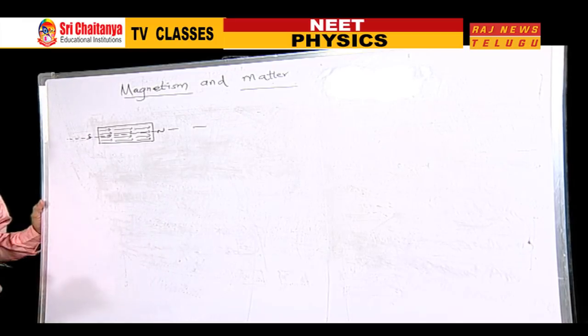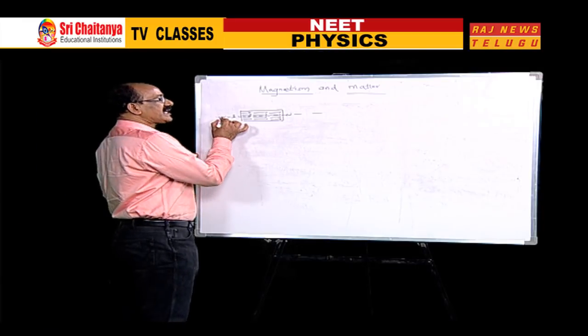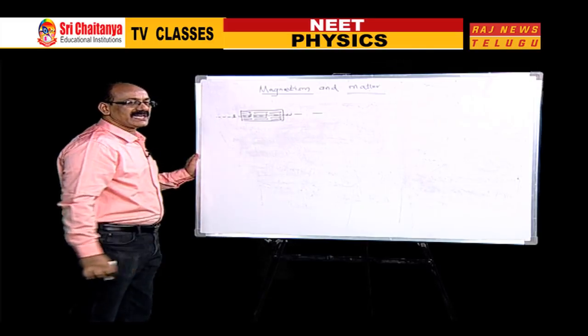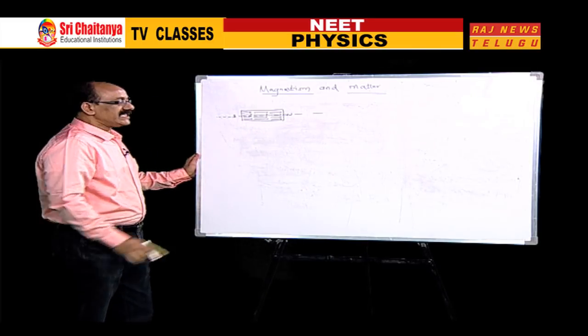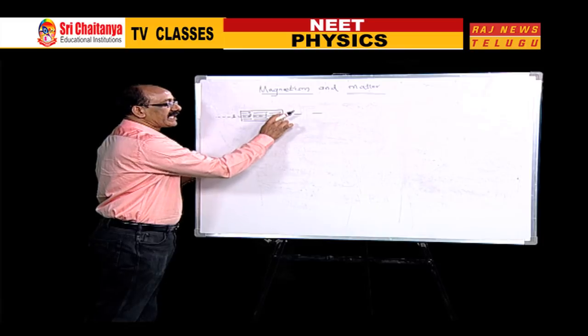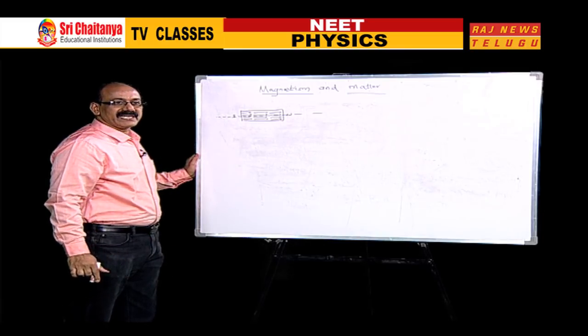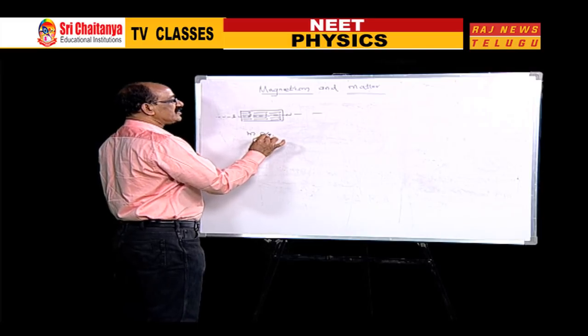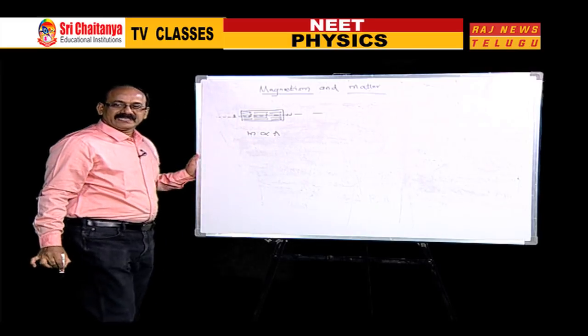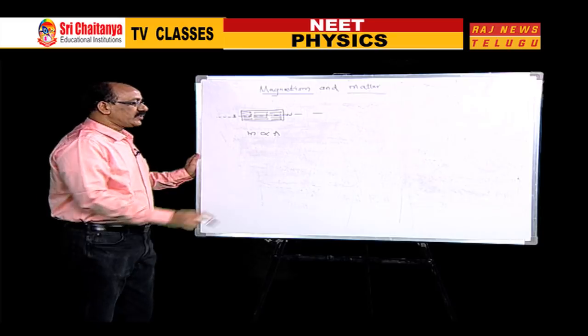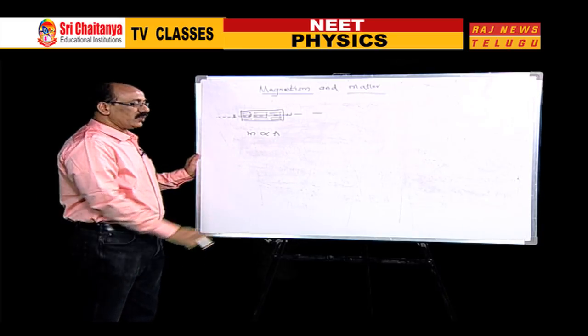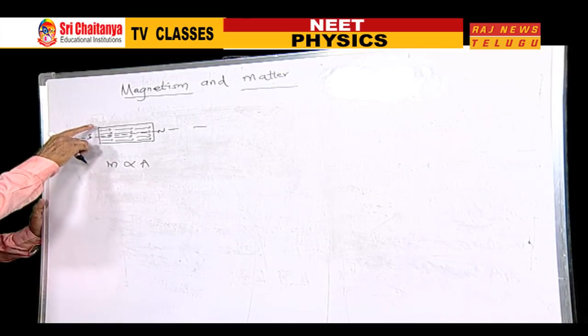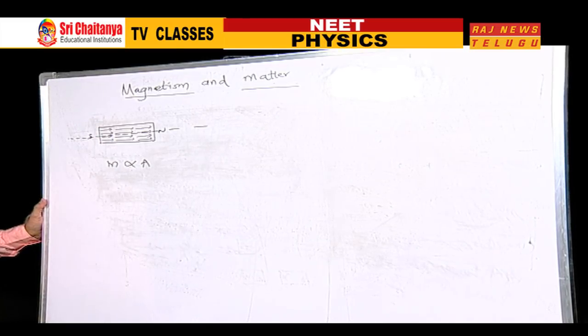So one important thing that we need to know is that on cutting the magnet along the axial line, the area of the magnet is getting decreased. As the area is decreasing, pole strength is also decreasing. Magnetic pole strength is directly proportional to the area of the pole, because the number of molecular magnetic poles is getting reduced.